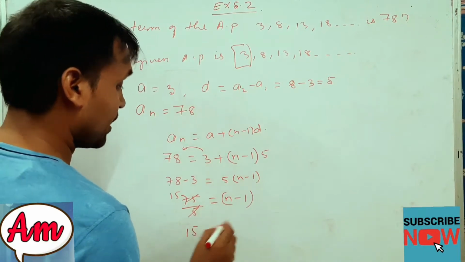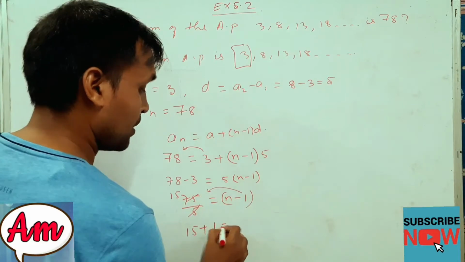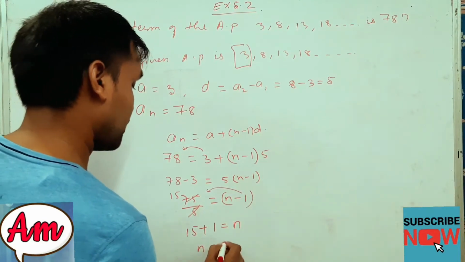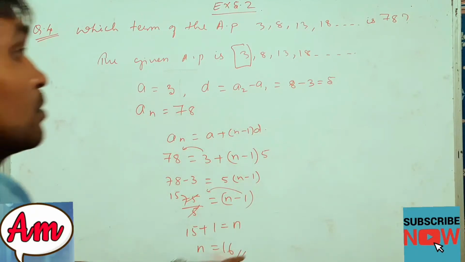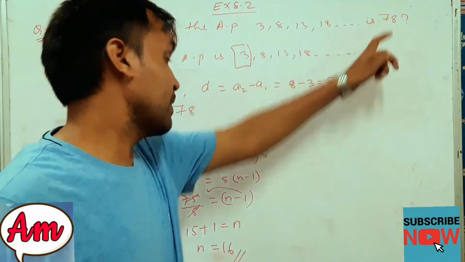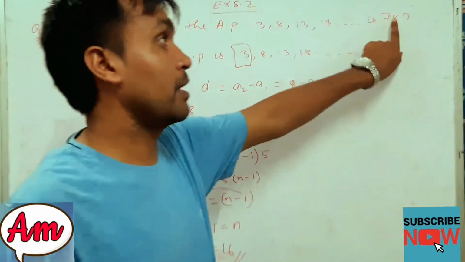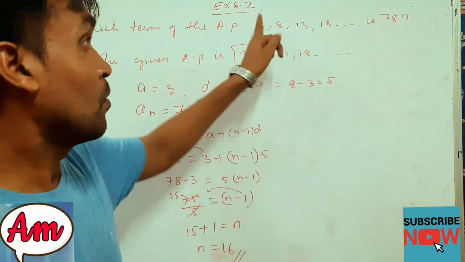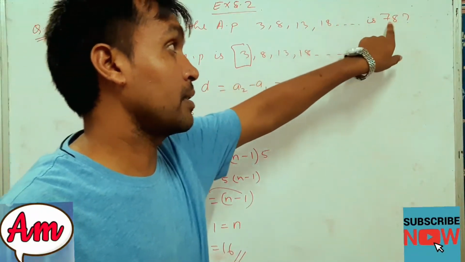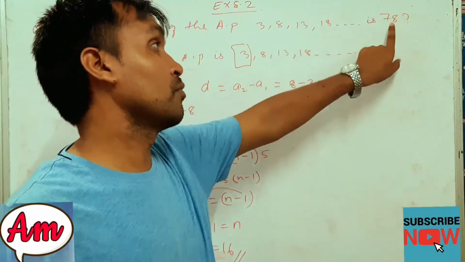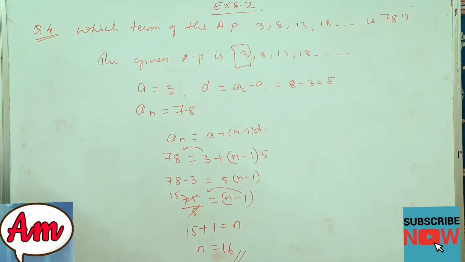And this 1 when you bring this side it becomes plus 1, equals n, so n equals 16. The term whose value is 78 is the 16th term. Okay, so you can pause the video and take it down.